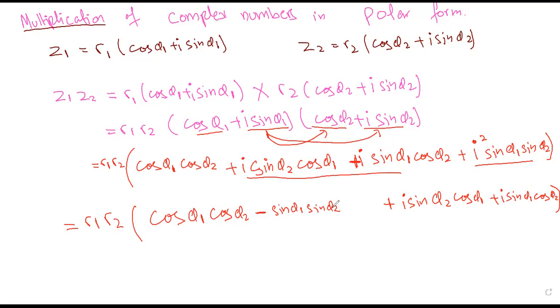Finally, I am going to get this R1 R2. What is this, Ranjani? Isn't this cos theta 1 plus theta 2? Yes. Okay, so I can write cos theta 1 plus theta 2, and then I can take iota out. So if I write this without the iota, what is this?